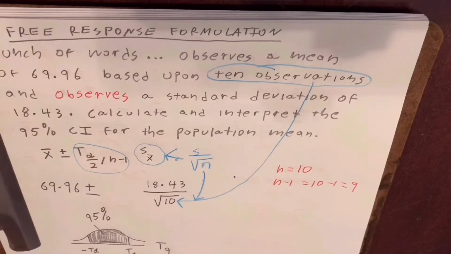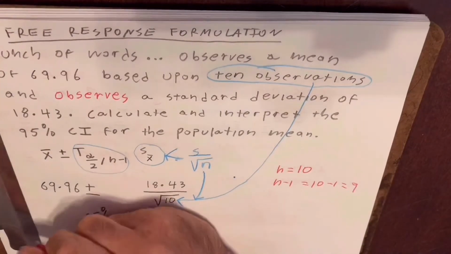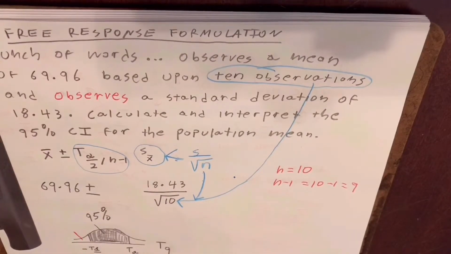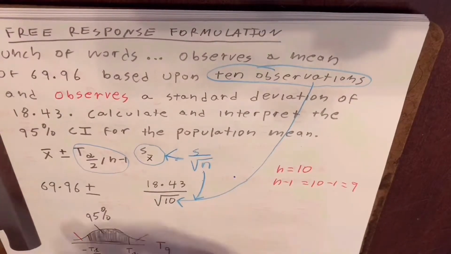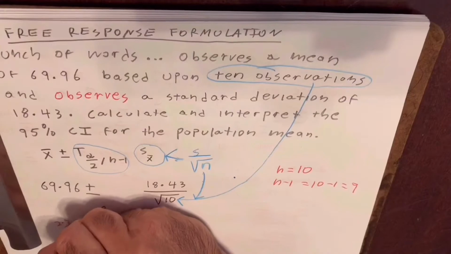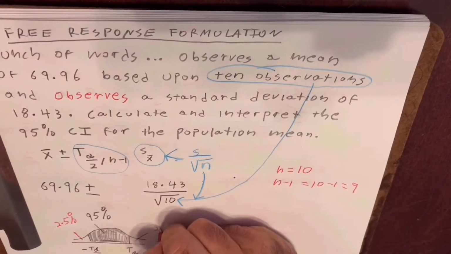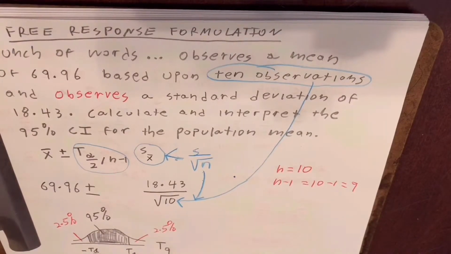Now in this case, we can see that this is a symmetric distribution, and since it's symmetric, there's going to be the same amount of area to the left of this t-score as there is to the right of this t-score, namely 2.5% of the area will be to the left and 2.5% of the area will be to the right.